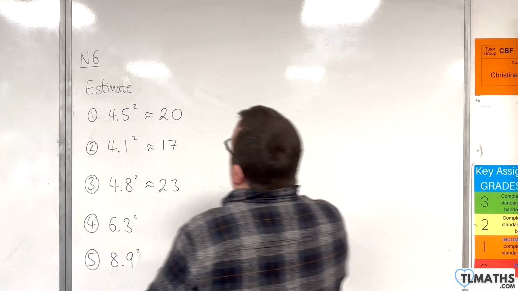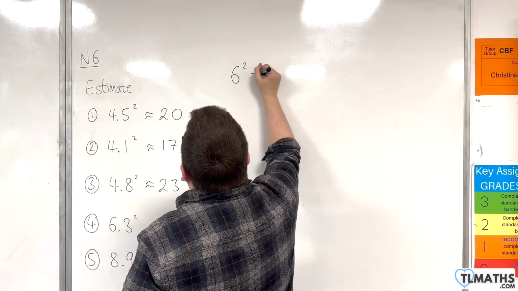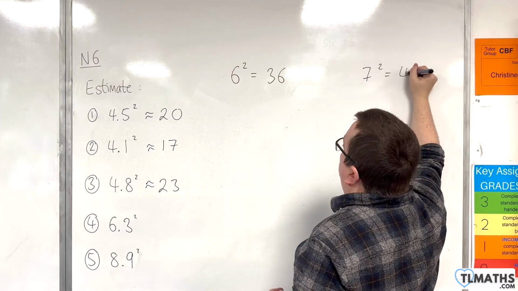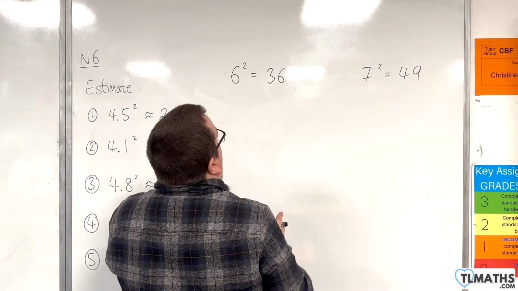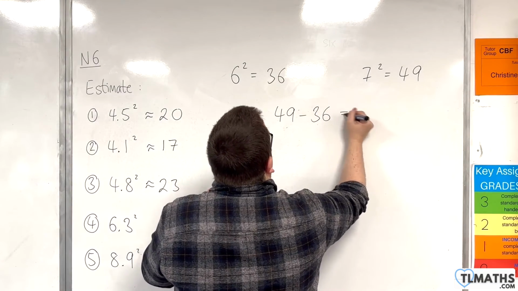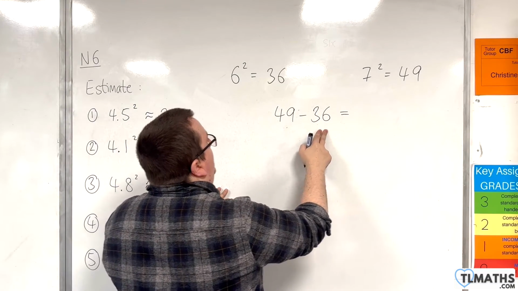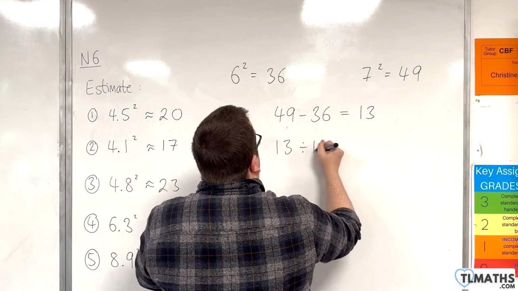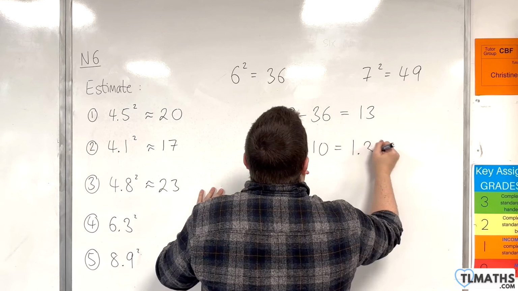So 6.3 squared, we reckon will be between 6 squared, which is 36, and 7 squared, which is 49. So if I work out the gap, 49 take away 36 is 13, and then divide that by 10, so 1.3.